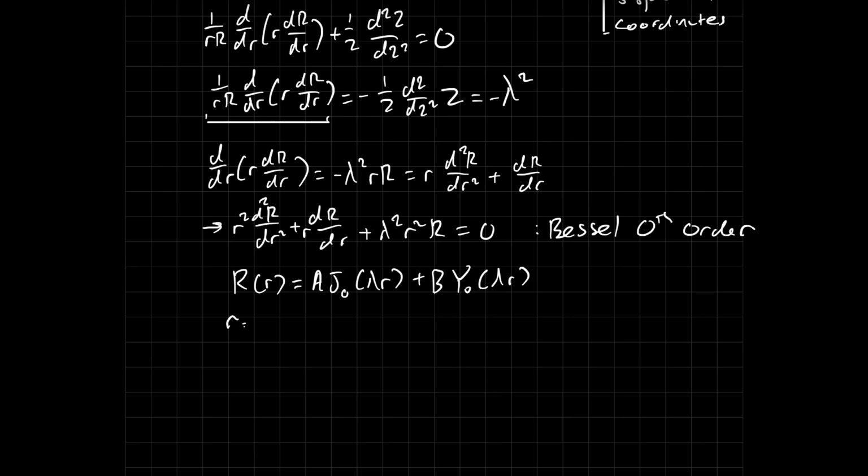So the fact that r is going to 0, then b equals 0. This assumption usually holds for a lot of cases. Then we can basically just get that our problem is a J0, and there's no Y term.